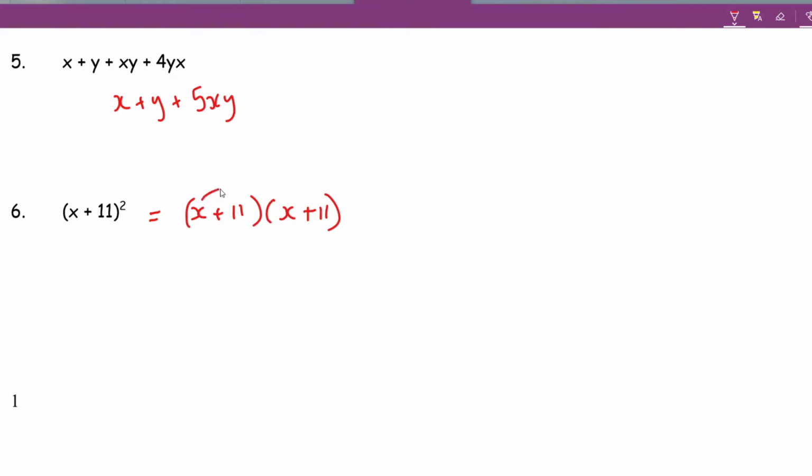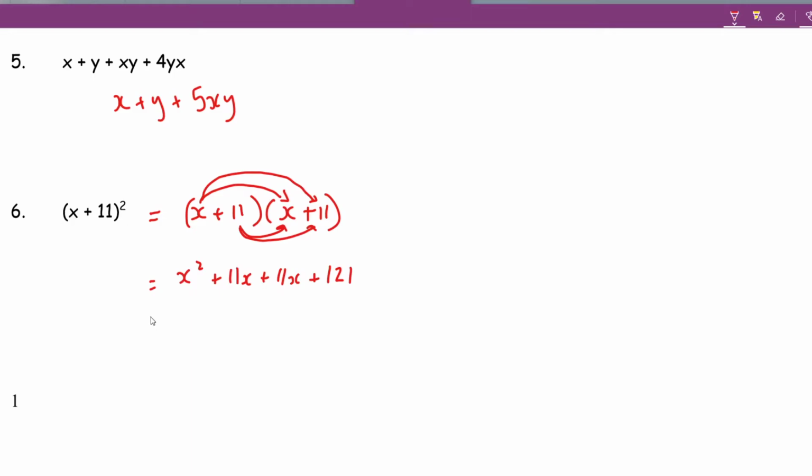Now we do x times x, which is x squared. You've got x multiplied by 11, which is 11x. You've got 11 times x again, that is 11x. And now you've got 11 times 11, which is 121.